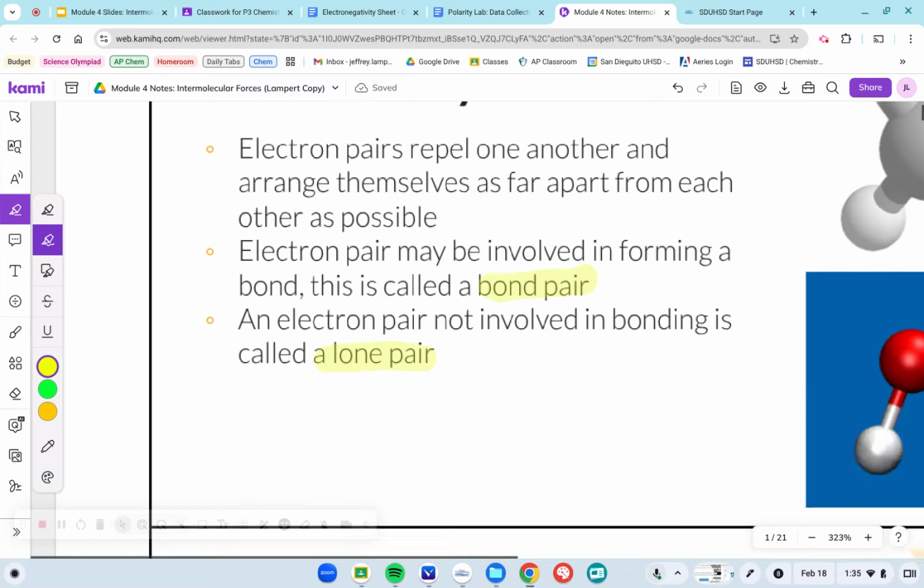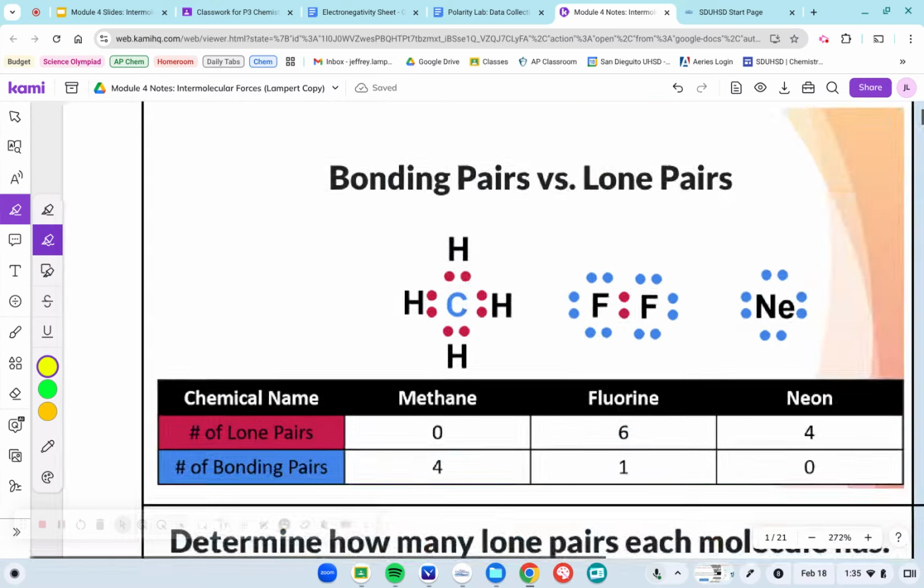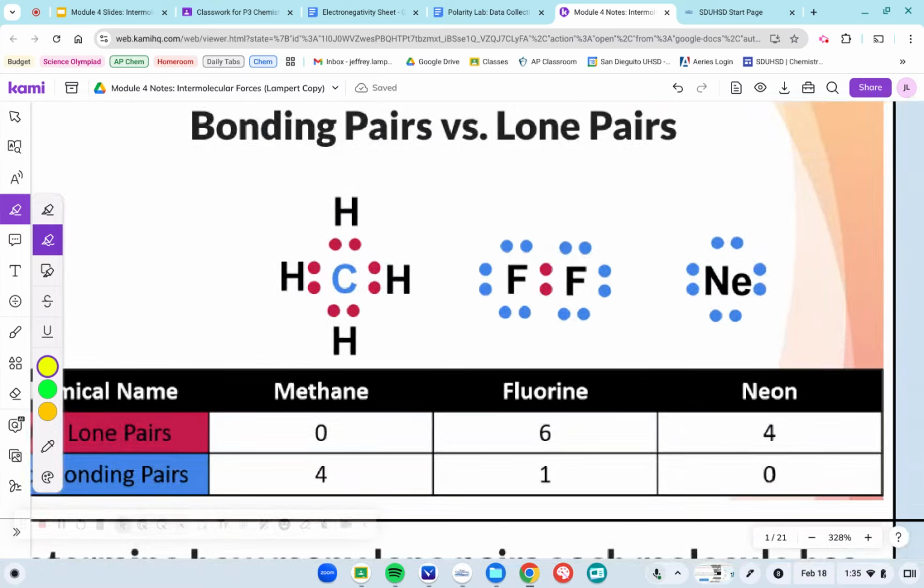All right, so now let's look at an example here. If we look at CH4, CH4 has a total of 4 bonded pairs because each pair is between two atoms. If we look at F2, we have 1 pair of electrons that is being shared, so there's 1 bonded pair, and there's 1, 2, 3, 4, 5, 6 lone pairs.